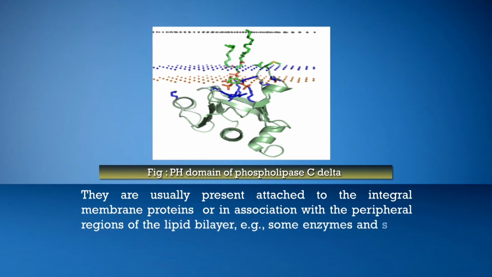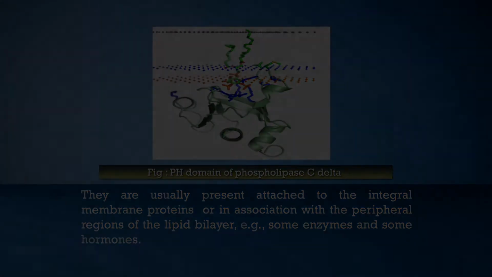For example, some enzymes and some hormones. Such proteins commonly have temporary interactions with biological membranes and generally dissociate in the cytoplasm after reacting with specific molecules.